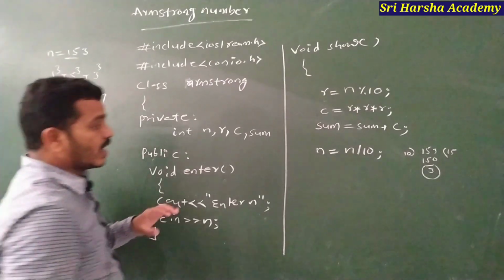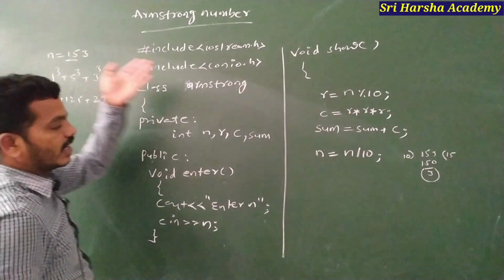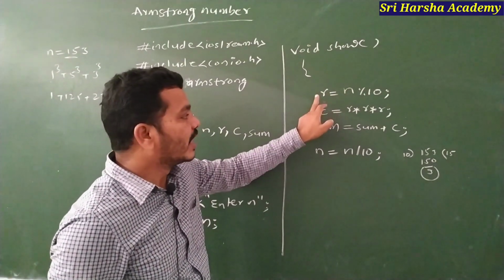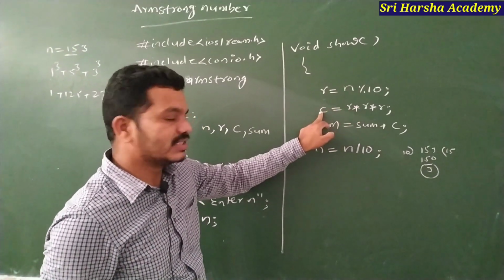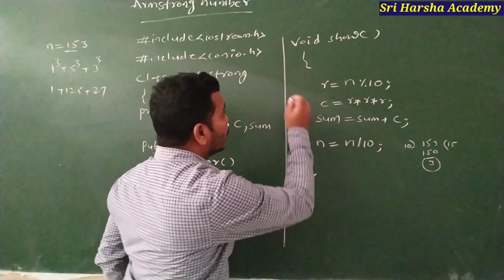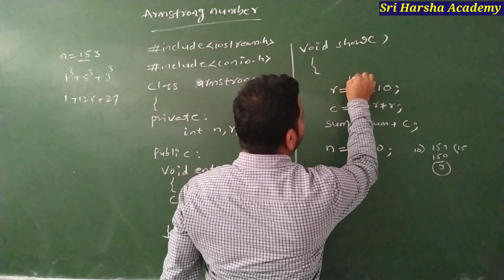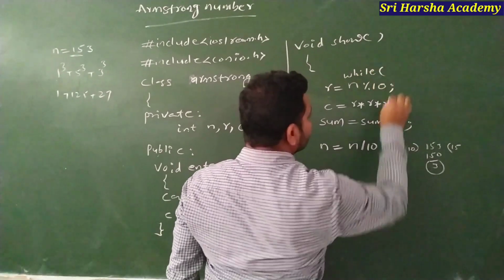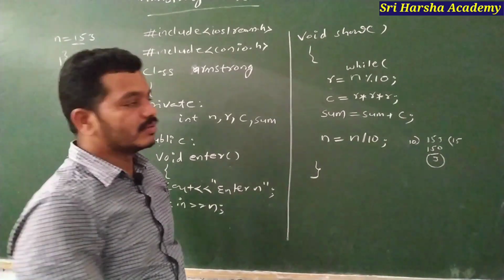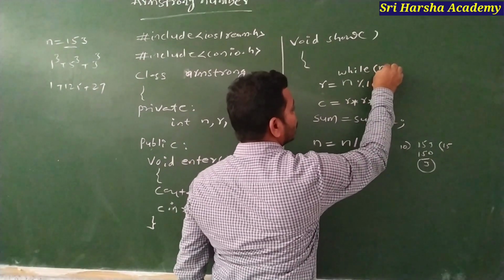Now apply the same for 15, again with the n value. Then we get r value as 5 and the cube of 5 is stored in c. So here I am applying a while loop, with the condition n greater than 0. I will tell you later why I am applying the while loop.